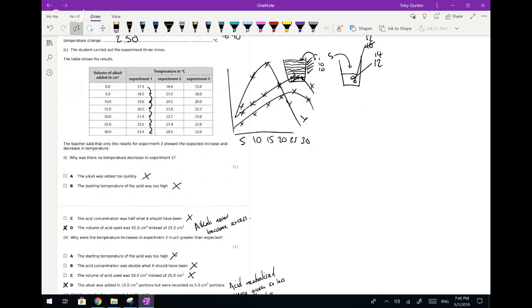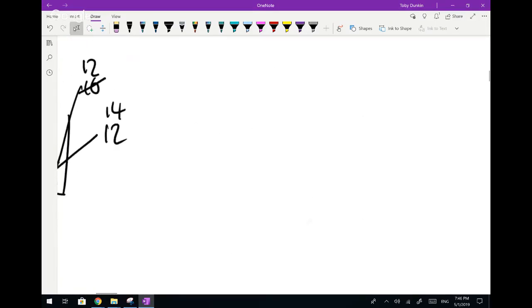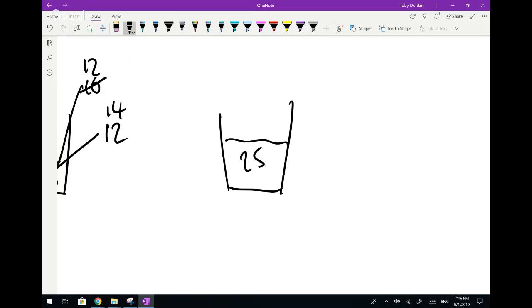The acid concentration was half what it should have been. Oh, that's clever. So if we had an acid which I had 25 centimeters cubed of, and I thought it was 0.1 moles per dm cubed. And I now add the alkali to it.